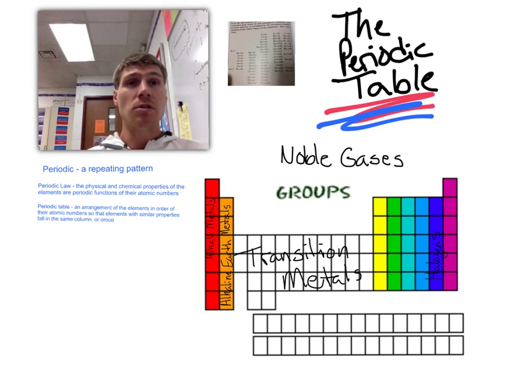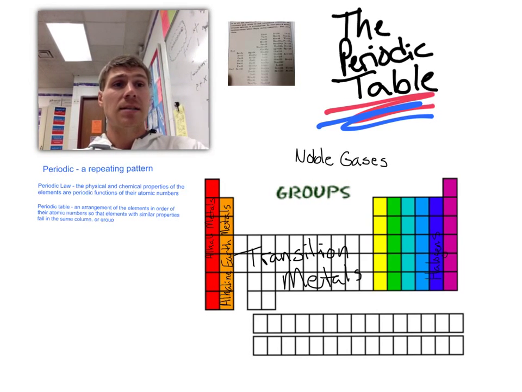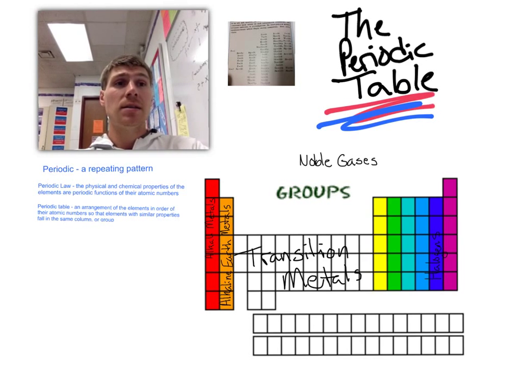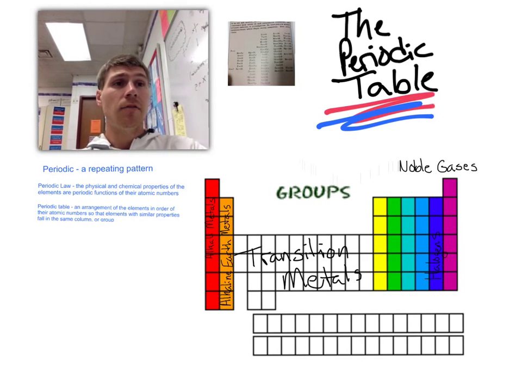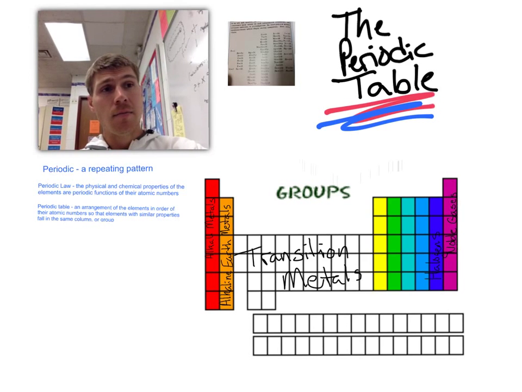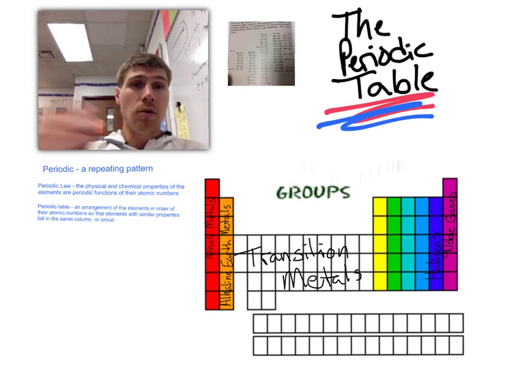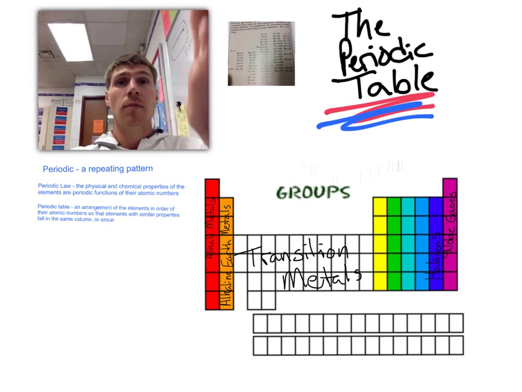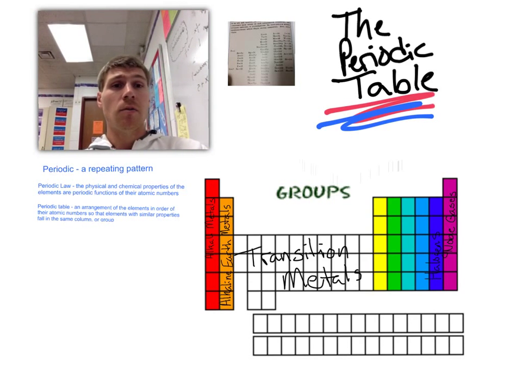They didn't want to associate with anybody else. The noble gases are the exact same way. A lot of this is going to make a lot more sense once we get to our electron configurations, because that's going to describe why these things have different properties. But again, for now, all I want you to know is that everything in the same column or same group has similar properties.